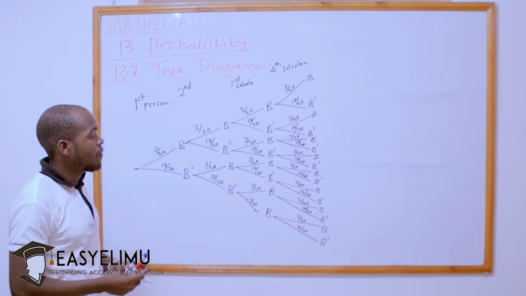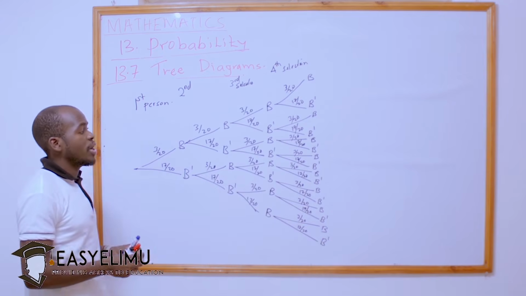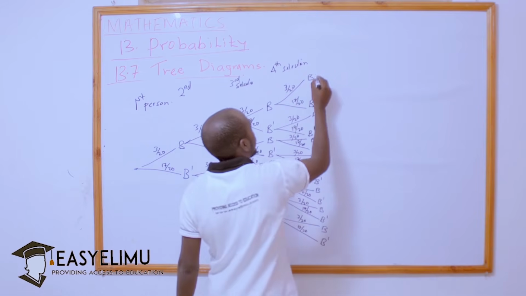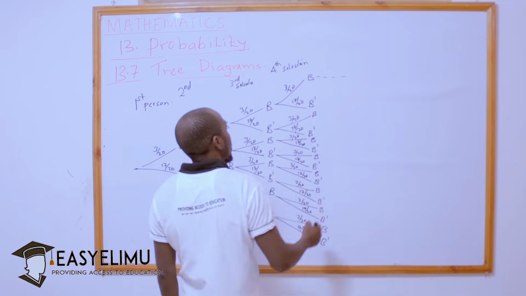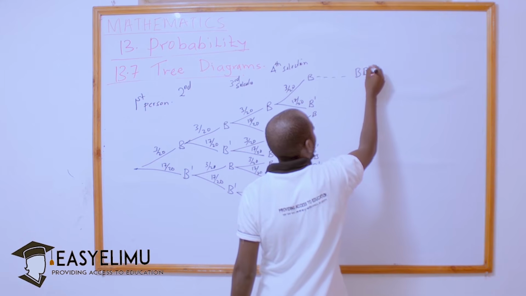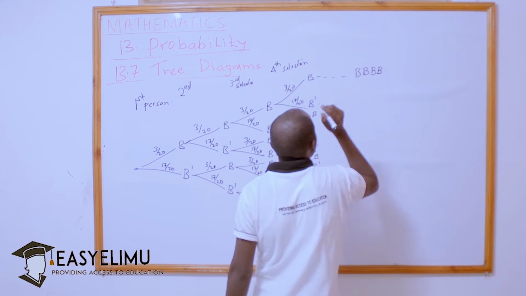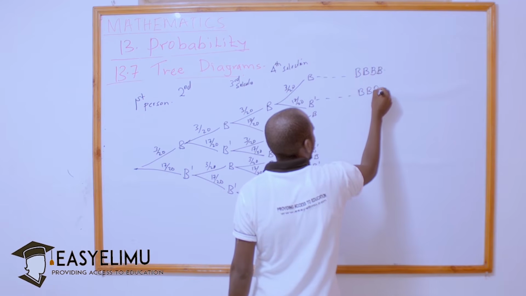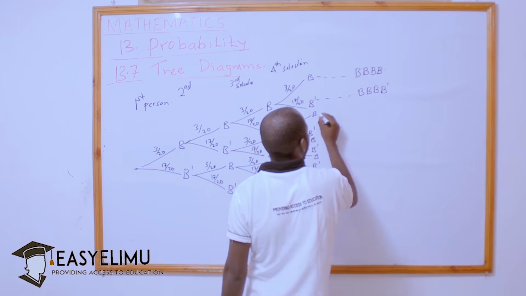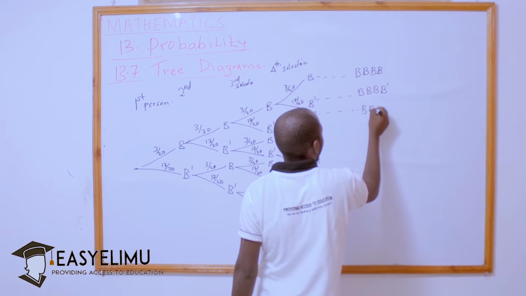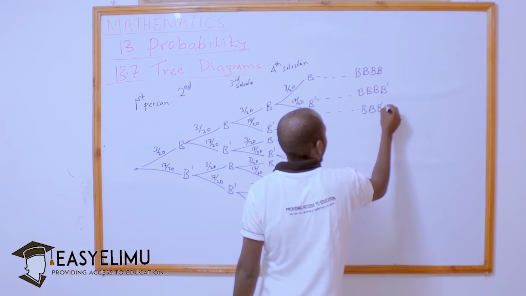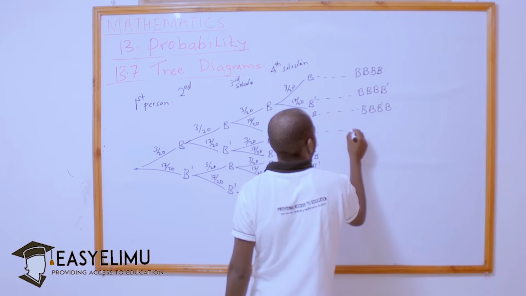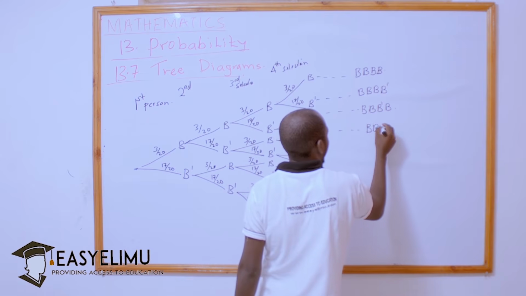That's how you will find the probability with the tree diagram. For the first one you get bald-headed, and then this one is bald, not bald-headed, and so on until the last one.